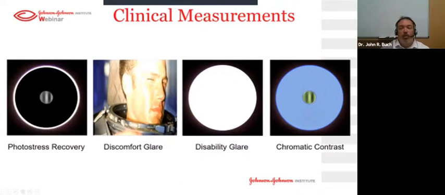Think about green trees against a blue sky. You just see it all the time. So it was a way to try to make the test more ecologically valid by picking these color combinations. But in this test, it's the same type of thing as disability glare. The blue light was increased until you can no longer see the central green target. Okay.